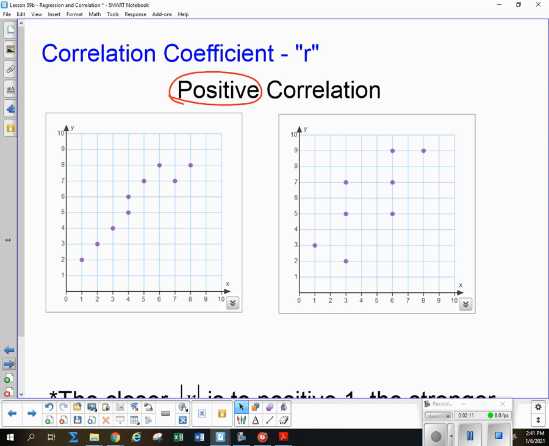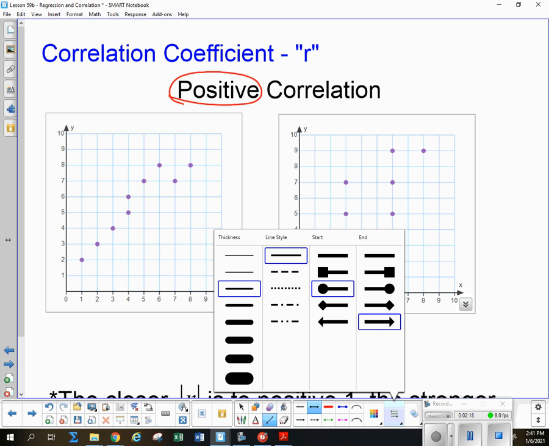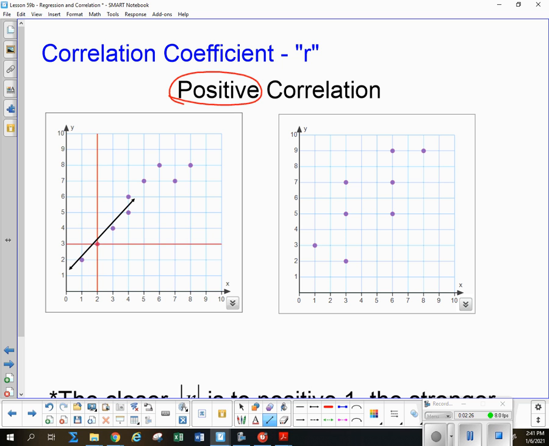So what that would mean is that if we decided that we wanted to draw a line as close as we could possibly get it to those dots, maybe it would look something like this.